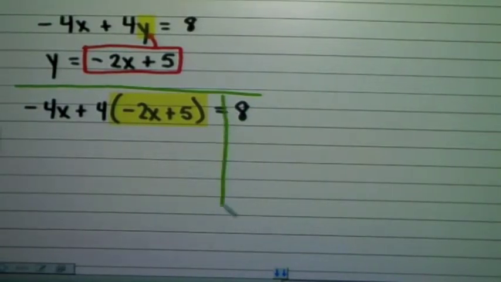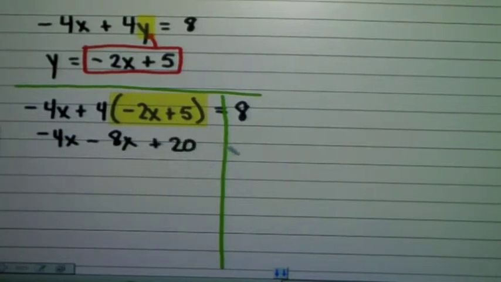Again, this is an equation that should be fairly easy for us to solve, so let's just begin to work our way through it. We've got negative 4x. We've got to use our distributive property for this one because we had multiple terms in here to work with. So 4 times negative 2x would give us negative 8x. 4 times 5 is 20. Equals 8.